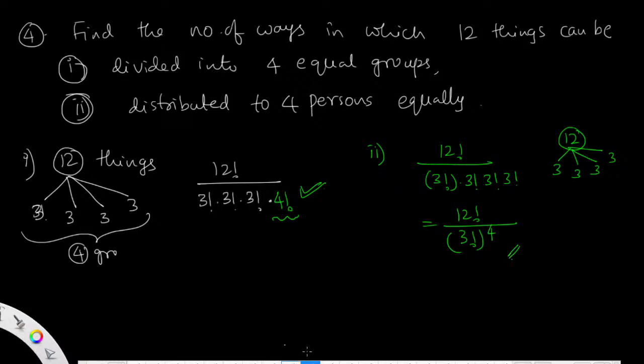Okay. Then go to the next concept, that is divisors. So the formula: any natural number can always be expressed as the product of prime numbers. Then we can find out the total number of divisors by using some formulas. First, the number of divisors you have to find.